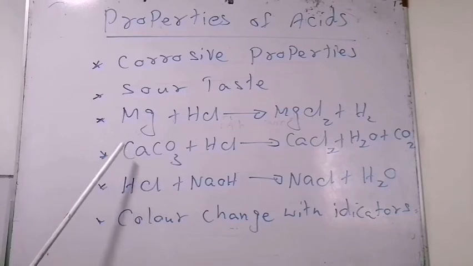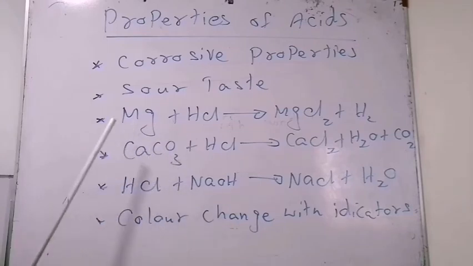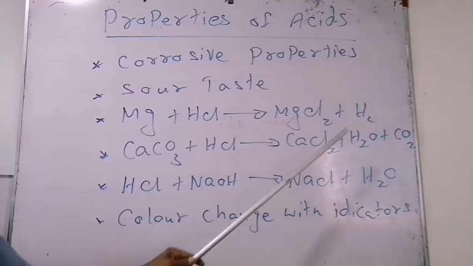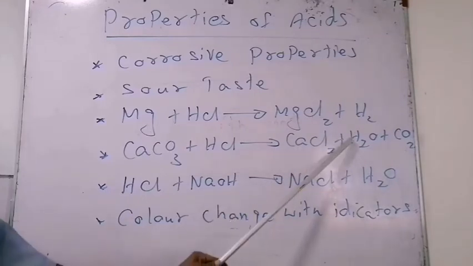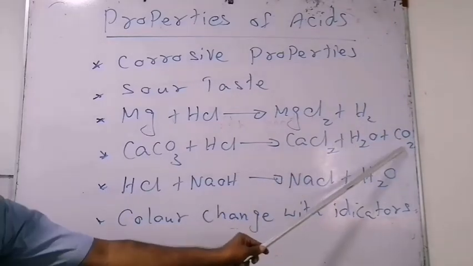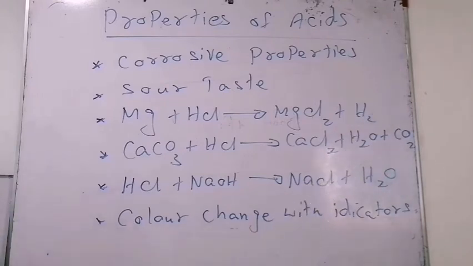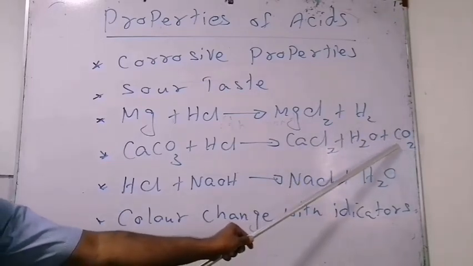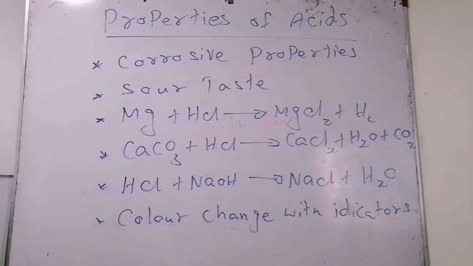And all acids react with carbonates, producing their chloride or salt, a water molecule, and evolving carbon dioxide gas. For example, hydrochloric acid reacts with calcium carbonate to produce calcium chloride salt, a water molecule, and evolves carbon dioxide gas.